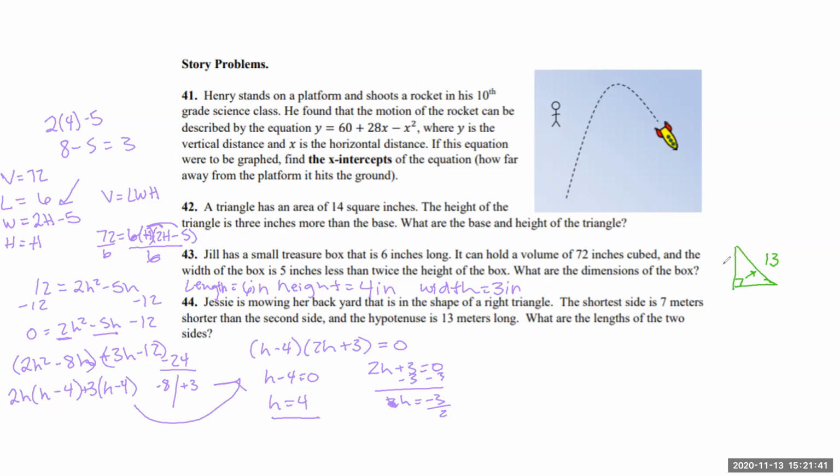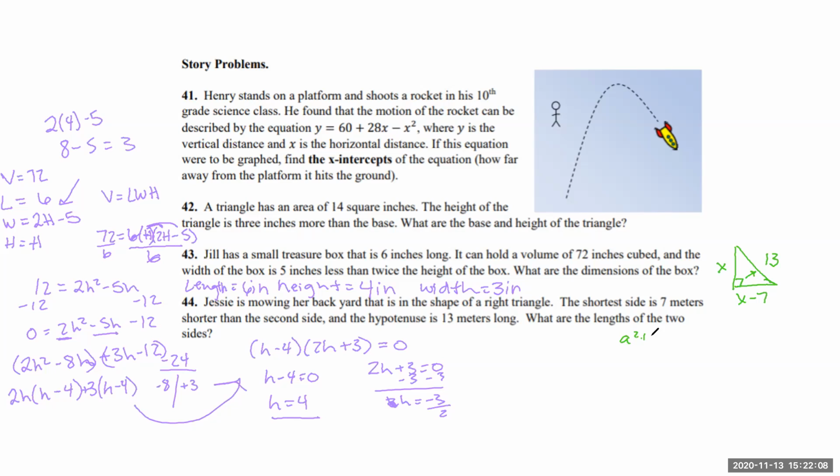So what we can do is label one of these sides x, and then the shortest side is 7 meters shorter than the second side, so we can just go x minus 7. So we have our legs now. All we need to do is plug it into the Pythagorean theorem, because that's what solves the sides.